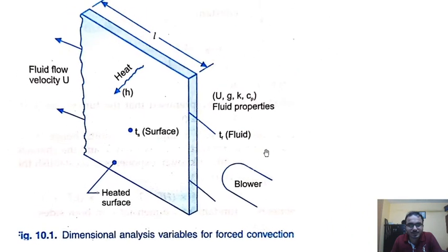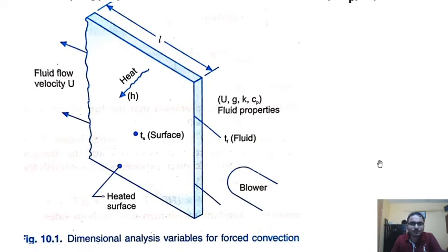So here, if you see, this will be our heated plate whose temperature is Ts, and here this is a blower through which the air is coming out and passing over this plate.